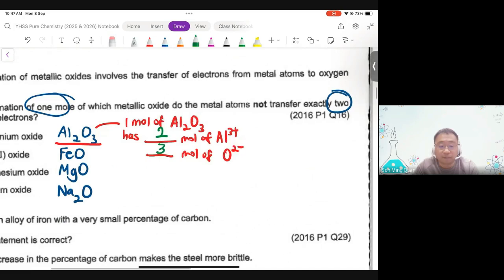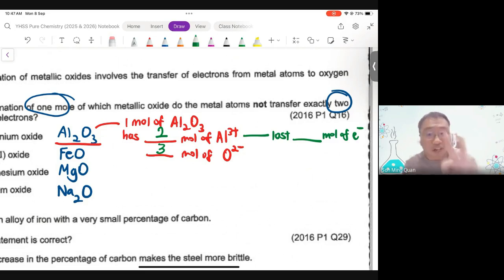How is this relevant? Now let's relate this to electrons. We know Al3+ has to lose electrons. Al3+ means it has lost 3 electrons. But I have 2 Al3+.